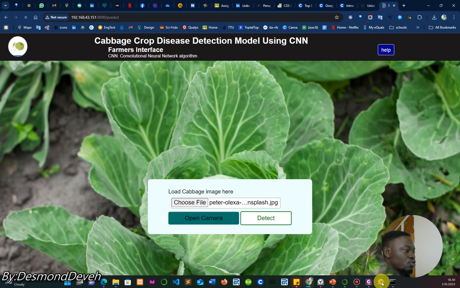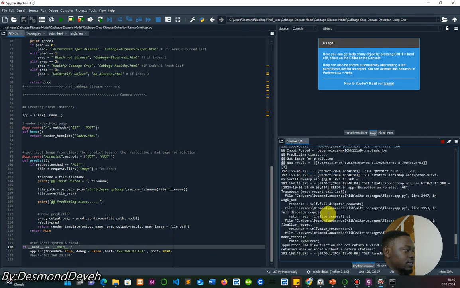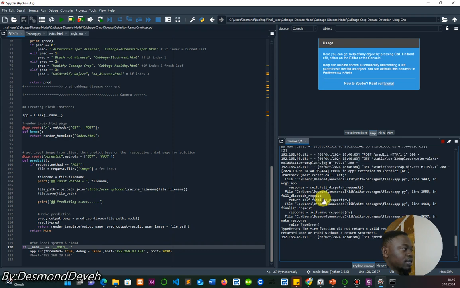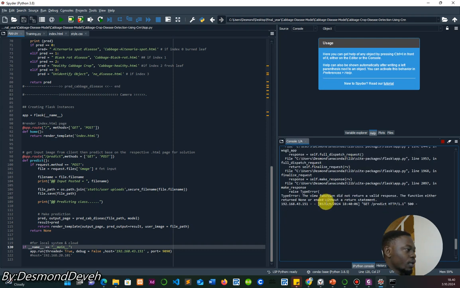So in the code, you can see that there has been a request here, a full dispatch request, because I have requested that I want it to detect something for me. And so: type error, the view function did not return a valid response. The function either returned none or ended without a return statement.